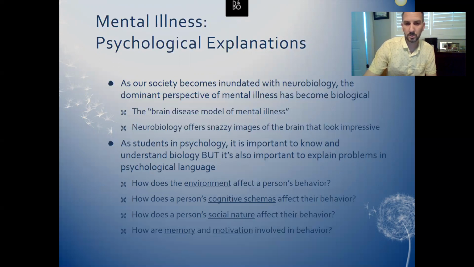How does a person's cognitive schemas affect their behavior? How does a person's social nature affect their behavior? And how are memory and motivation involved? That's what I want you to do in this paper, is really work to explain these disorders from a psychological lens.